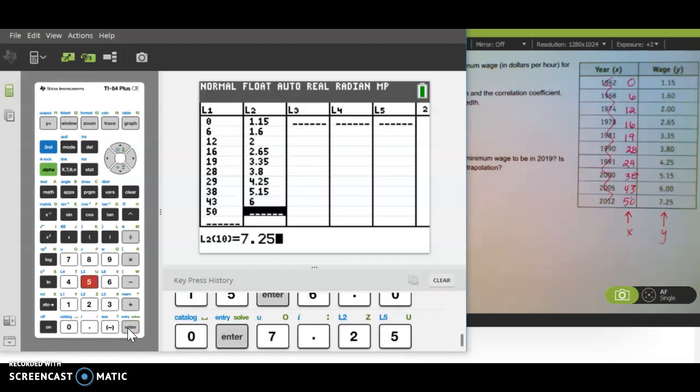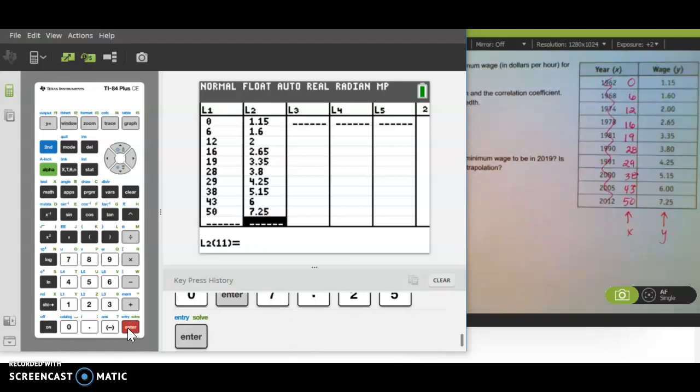All right, so once we type it all in, you need to check. One helpful check is to make sure you have the same number of data points in L1 and L2, which we do. Go back and look to make sure they have their decimal points. Now, obviously, 2 and 6 will not have decimals because they were 2.00 and 6.00.